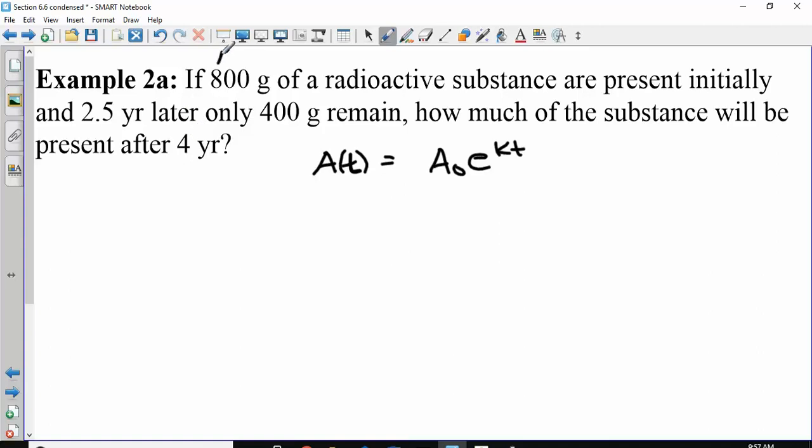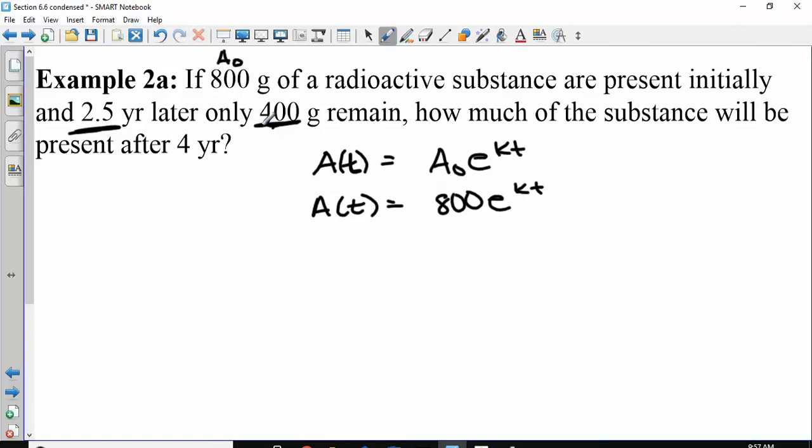A sub 0 is the beginning amount, which is my 800 grams. That's what we started with. So I already know this equation is going to be 800 e to the kt power. T is the variable. Here we need to find k. That's our constant.